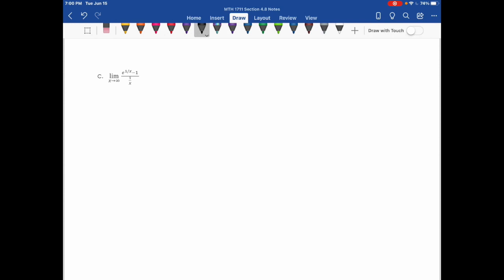So now I'm going to have 0 in the exponent. So I have e to the 0 minus 1 all over 1 over x, and as I plug in really large numbers, that's going to approach 0.